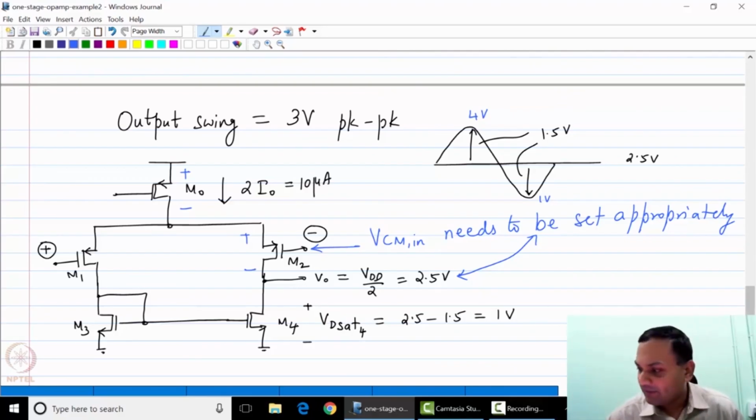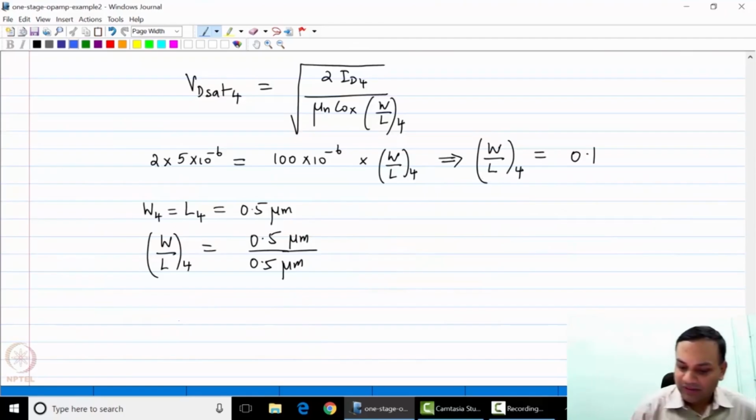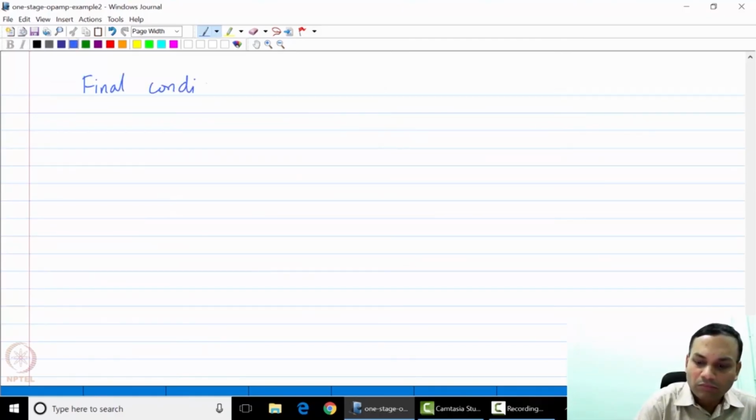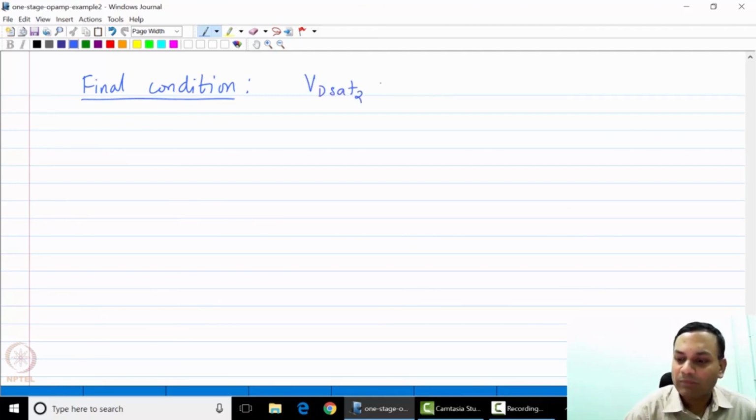The final condition is that VDSAT of M2 plus VDSAT of M0 should be equal to 1 volt.